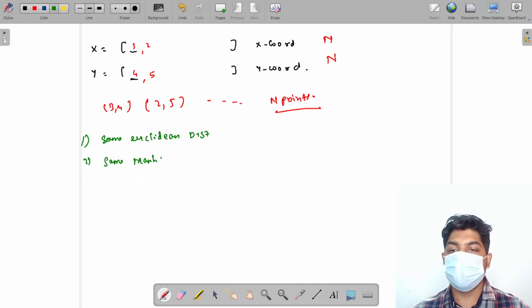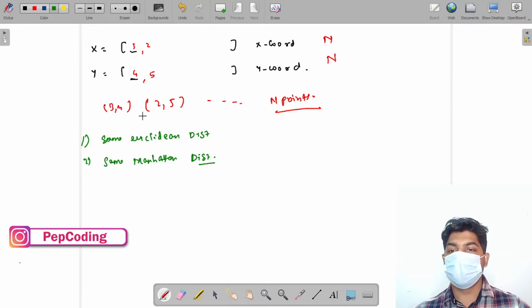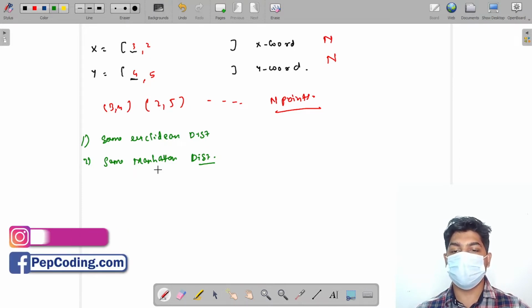So we have to find how many pairs of points there are for which the values of both of these distances are the same.